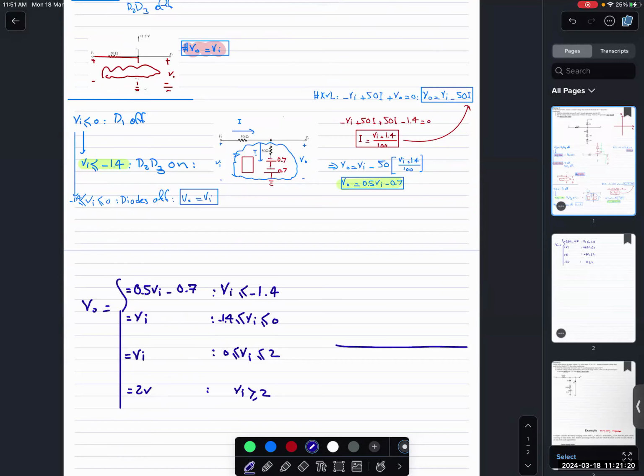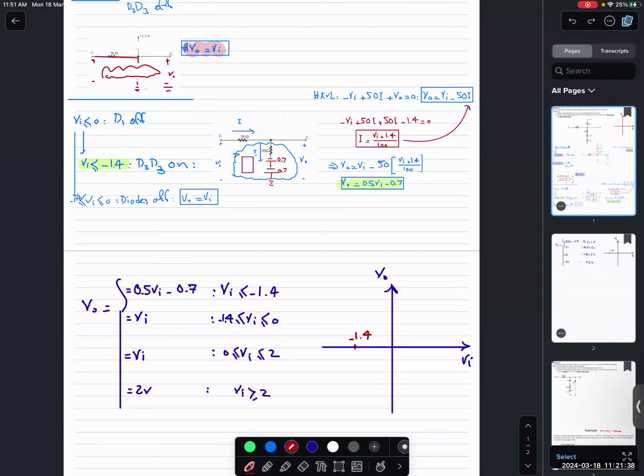And here now I want to sketch it out. Sketching is very easy. Okay, so here VO, here VI. So minus 1.4 and 0 is here. Okay, so if you are less than minus 1.4, it becomes like this.